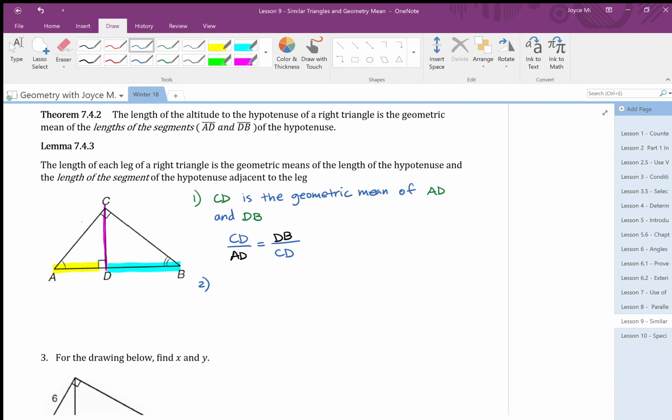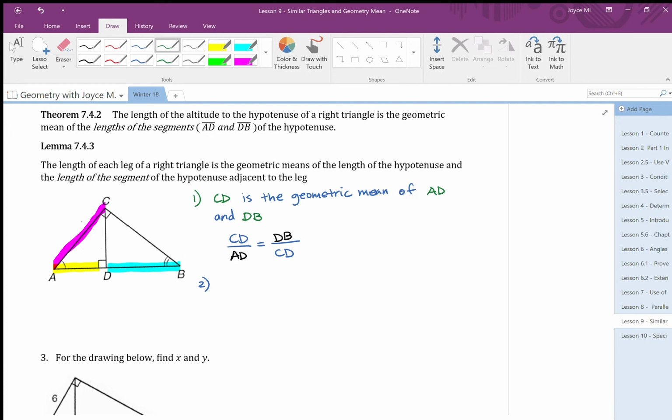The length of each leg of a right triangle is the geometric mean of the length of the hypotenuse and the length of the segment adjacent to that leg. So we take one part at a time.